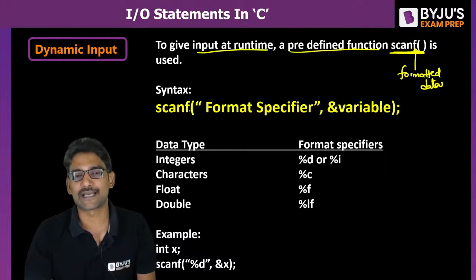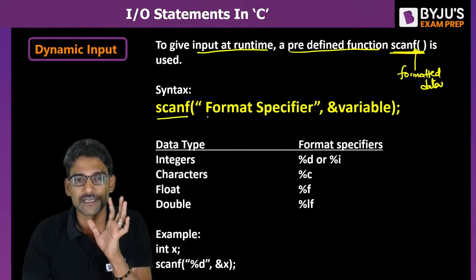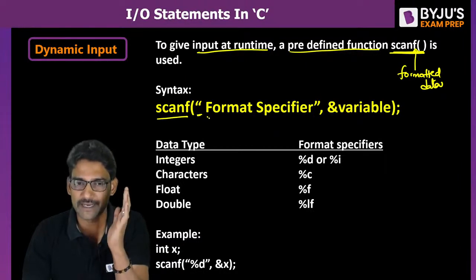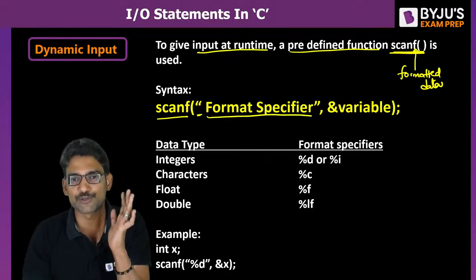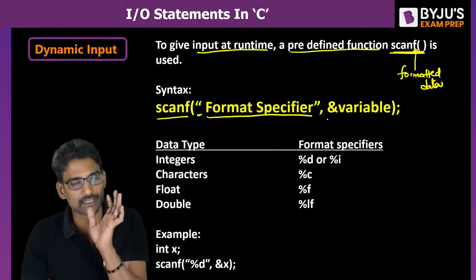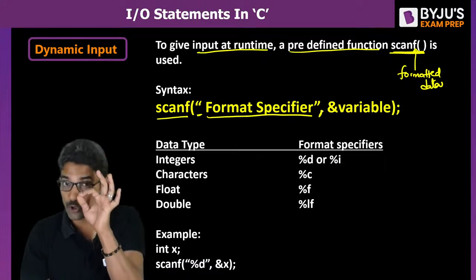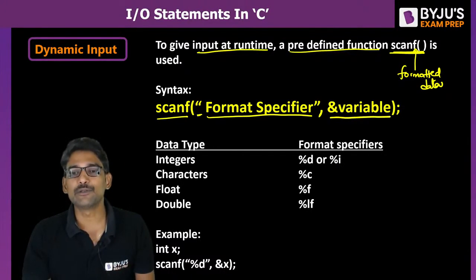How do you write scanf? You write scanf in small letters, open bracket, in double quotation, what should you write? Format specifier, close the quotation, comma. Please observe, you have to write a comma and then the variable.